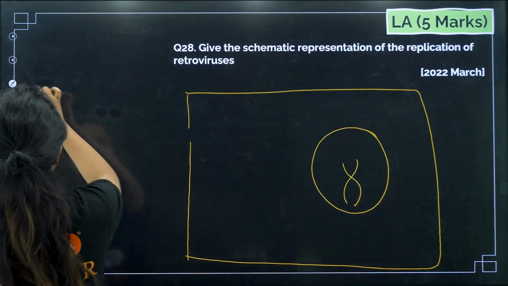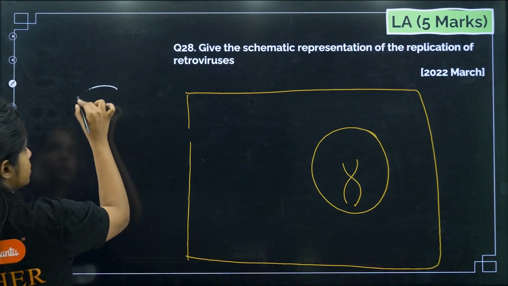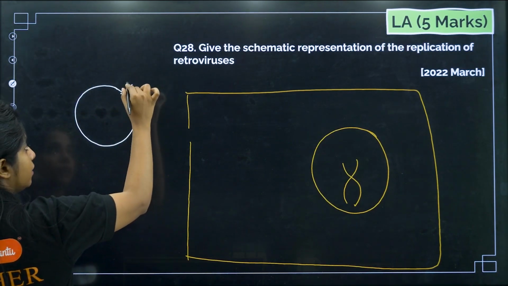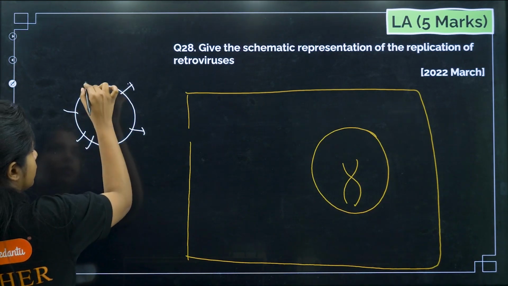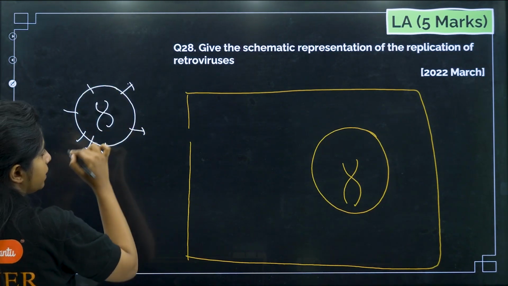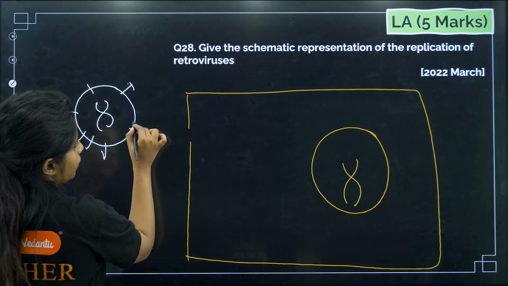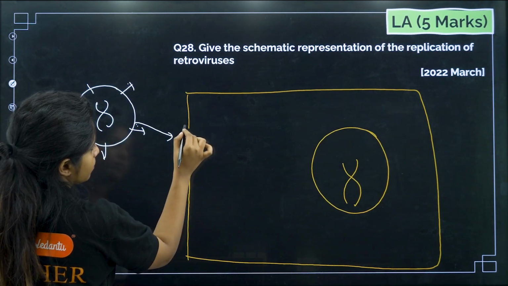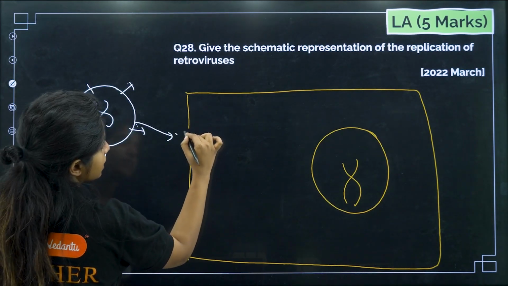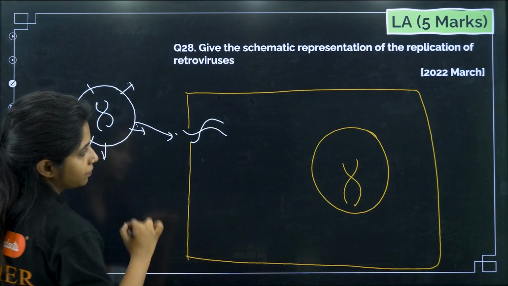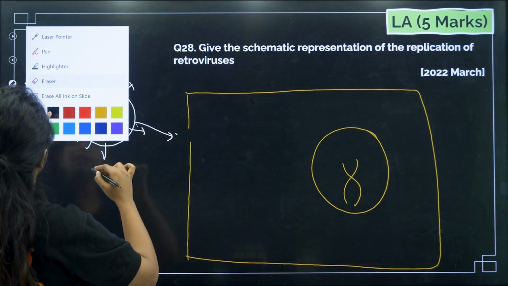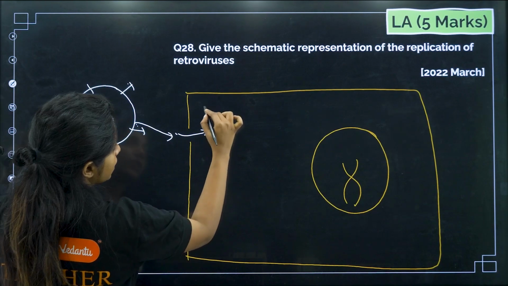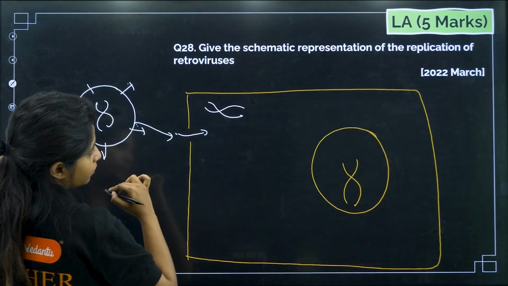There comes the virus which has its capsid layer and things like that, proteins. It will be having its own genetic material. This virus will come and bind over here. It sends its genetic material inside, whatever it can be.